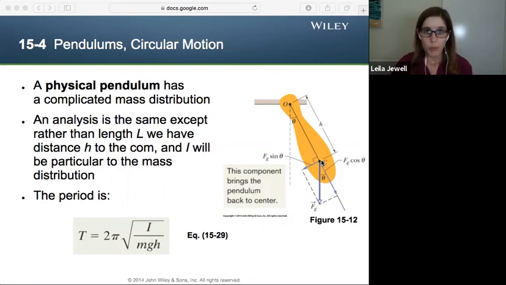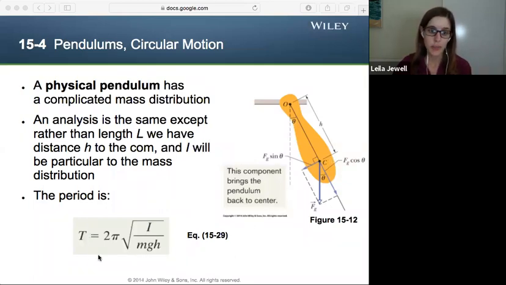So we're going to have the same basic analysis for this, except rather than the full length L, we'll have the distance h from the pivot point to the center of mass. And then I, the rotational inertia, will be particular to whatever mass distribution you choose. So if it's a rod, you can plug in the rod equation. If it's a slab, you could plug in the rectangular slab equation.